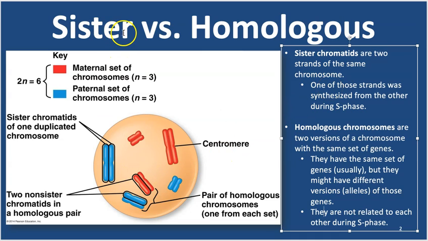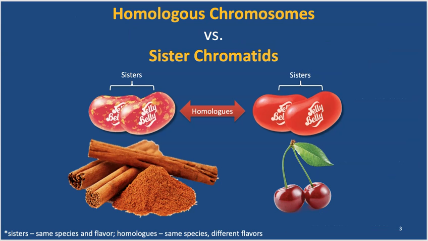So these are two terms that you should really become comfortable with: sister chromatid versus homologous chromosome. Here's another analogy for this. It's a dumb one. In person, I used to hand out different flavored Jelly Bellies. Some people would end up getting cinnamon flavored Jelly Bellies, others would get cherry flavors. They look more or less the same, so red, but they taste very different.